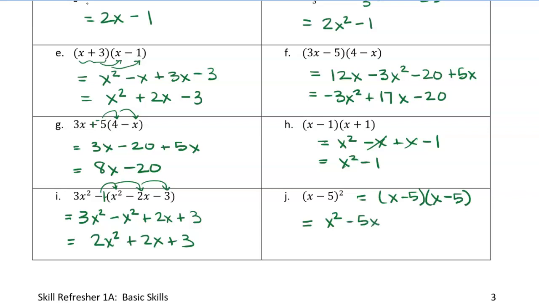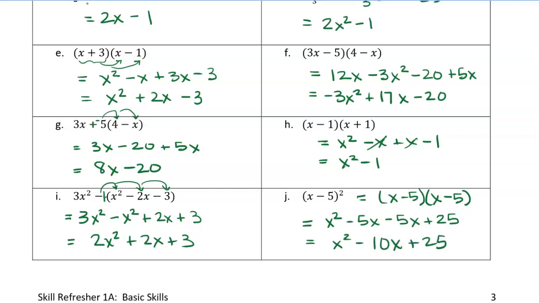I have x times the minus 5, and then I have another minus 5 times x, so I'm going to have another minus 5x, and then the last two terms become a positive 25. And then we'll combine the terms in the middle and get a negative 10x plus 25, okay?